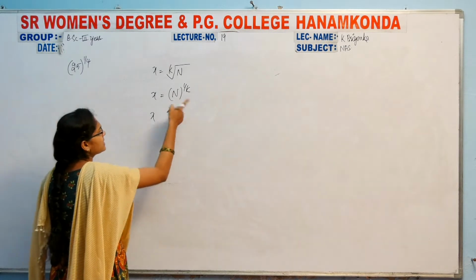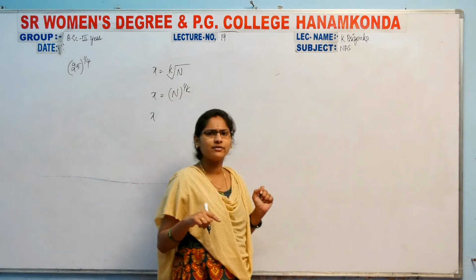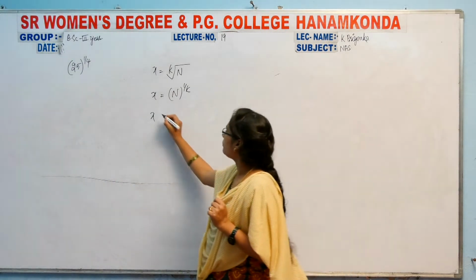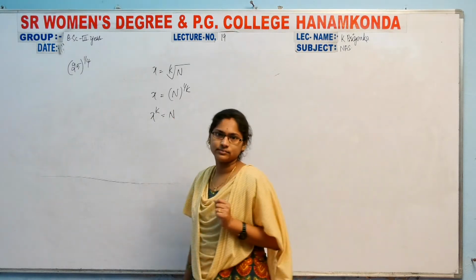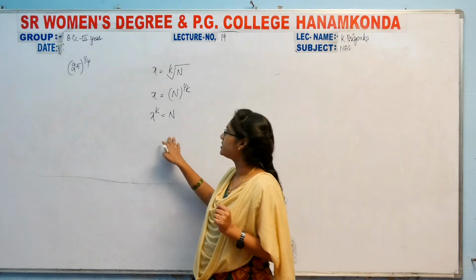Now if I apply the power of k on both sides, we get x power k equal to N.